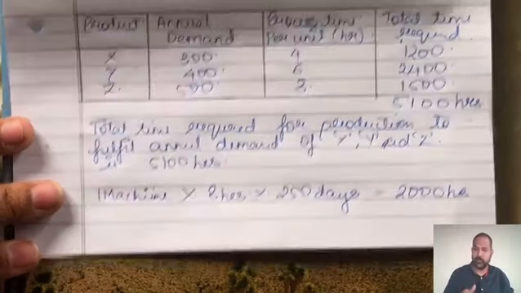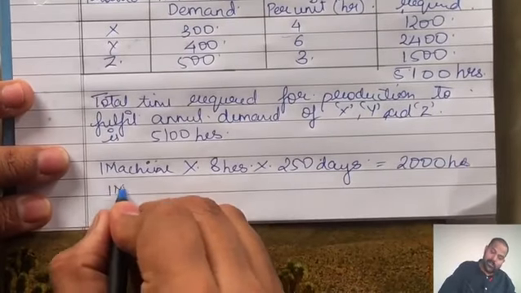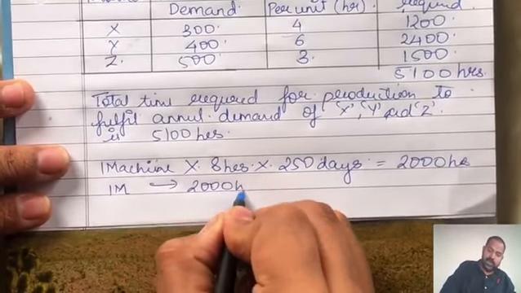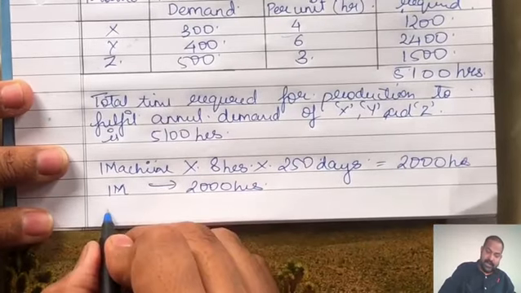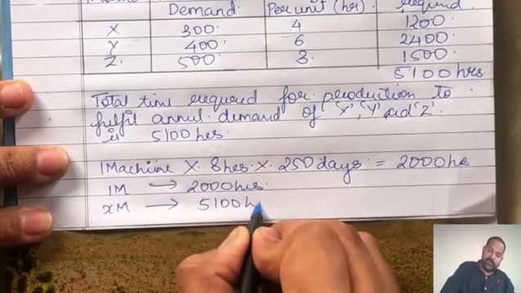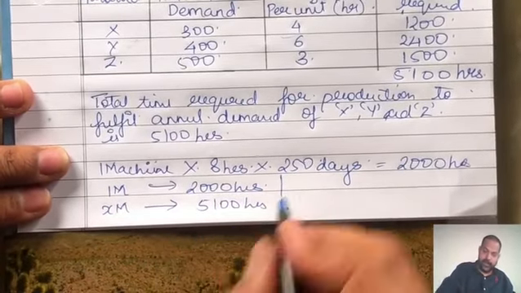Or go back to school and do this. One machine gives 2000 hours. Then X machines will give me 5100 hours. In the next step, cross multiply.